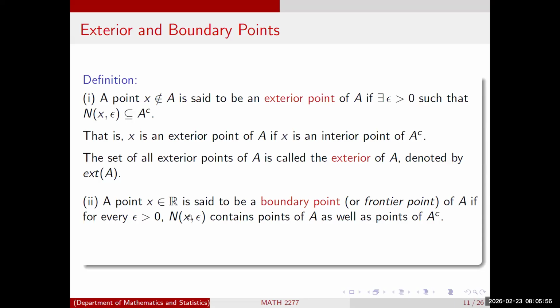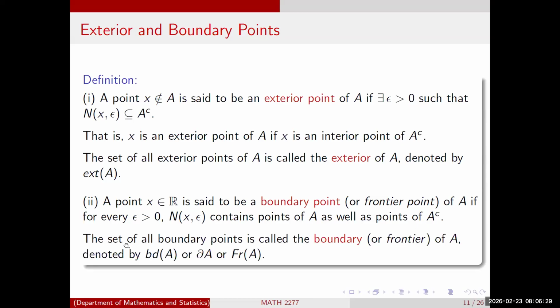So the points of any set that are neither an interior nor an exterior point will be a boundary point. Boundary point means every single neighborhood around that point has points of the set A as well as points of A complement around it. So you are on the border, on the boundary of these two sets, A and A complement.